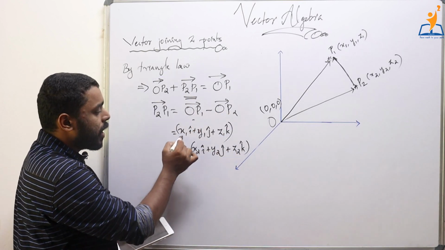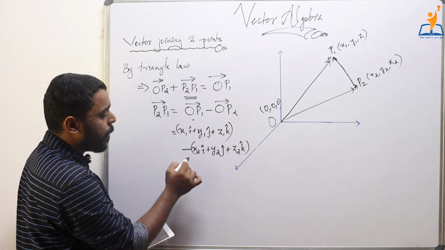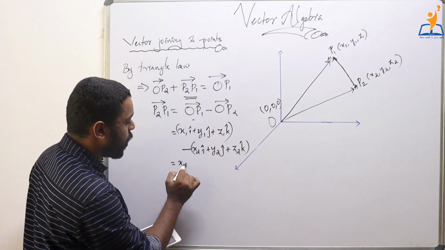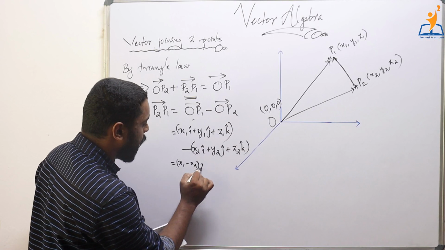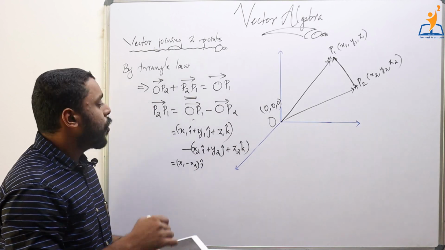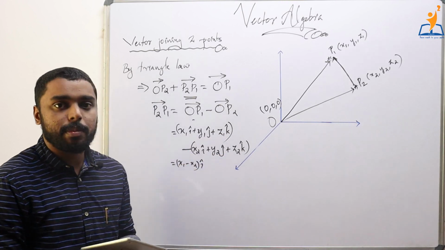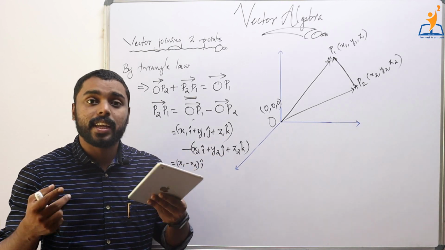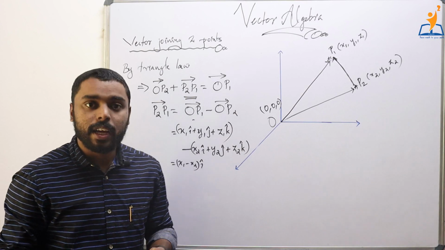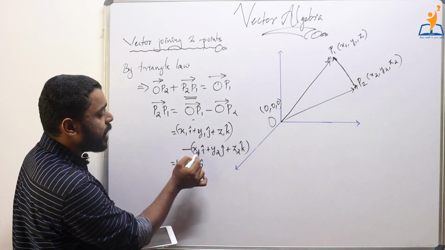Clear? Now x1 i cap minus x2 i cap is nothing but (x1 minus x2) into i cap. See, yesterday we discussed that the difference of any two vectors can be evaluated just by finding the respective differences of components. So here the first component is x1 minus x2.